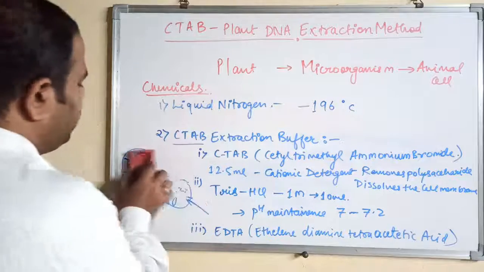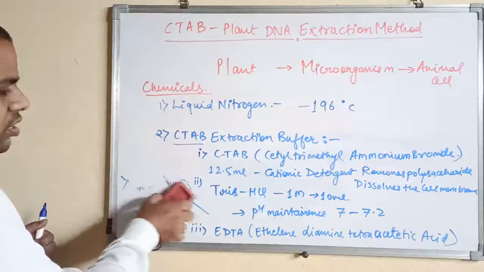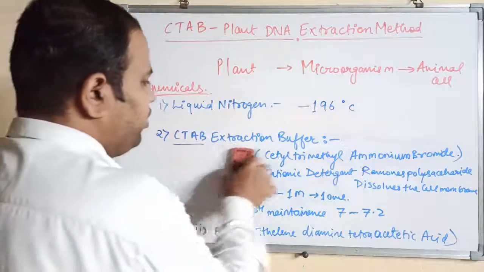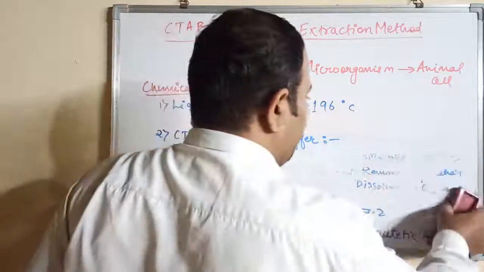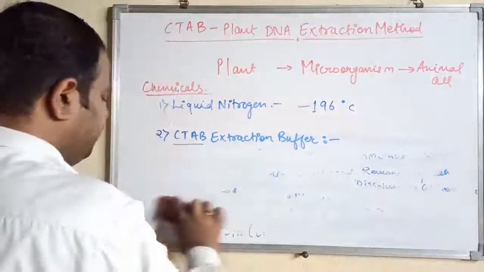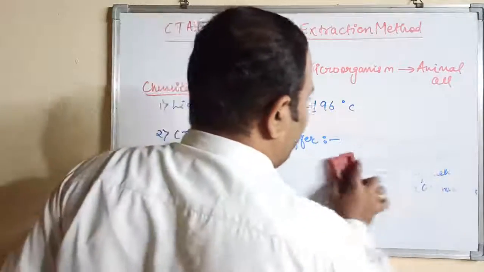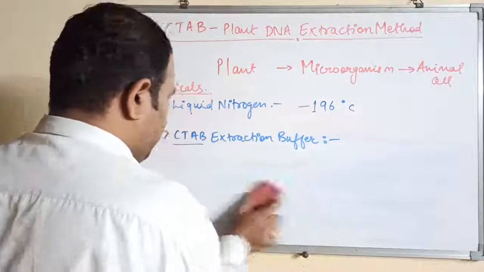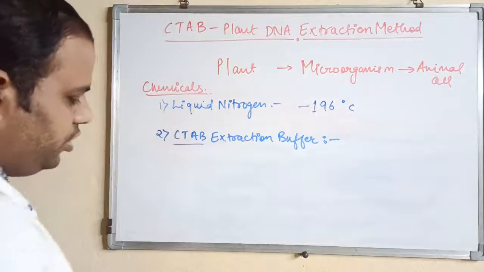Now let's see the fourth chemical that is used in CTAB extraction buffer. I'll rub this to write the fourth chemical here. The fourth chemical is NaCl, that is sodium chloride.